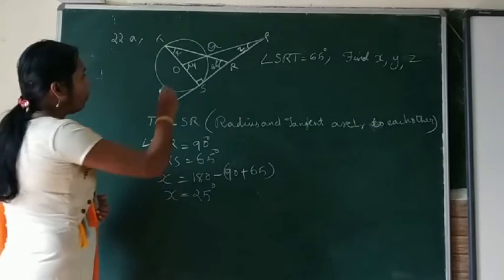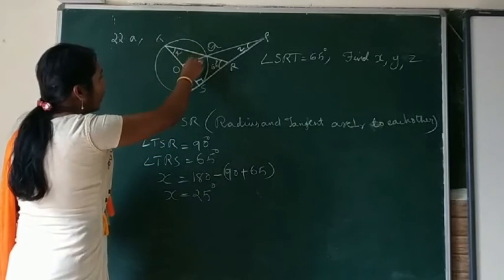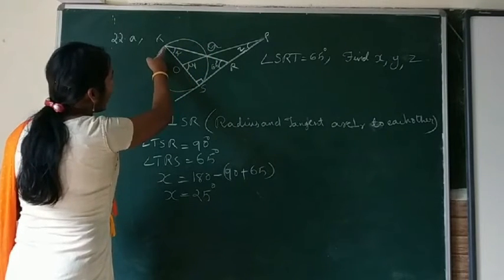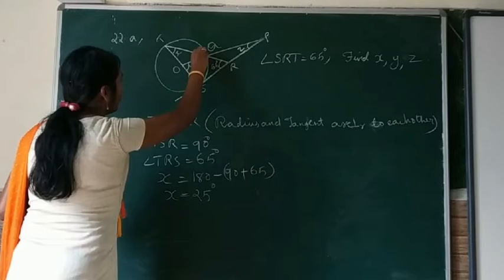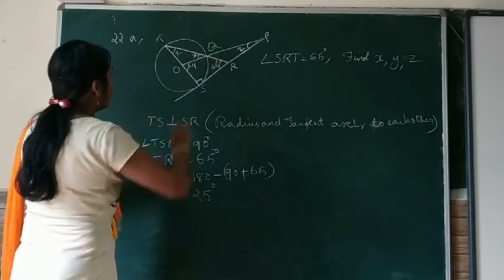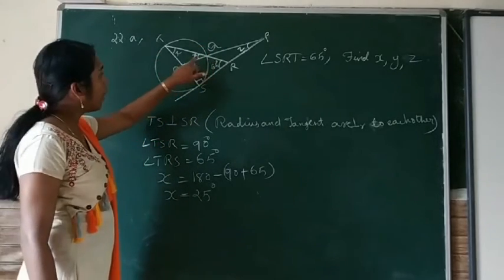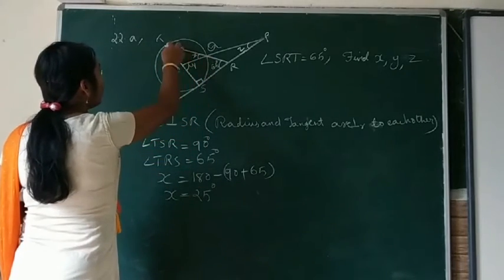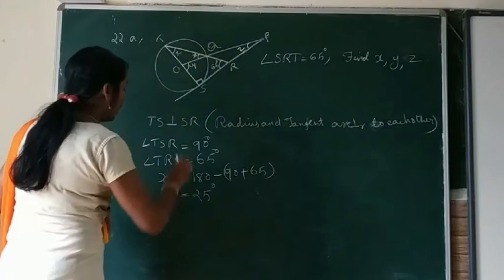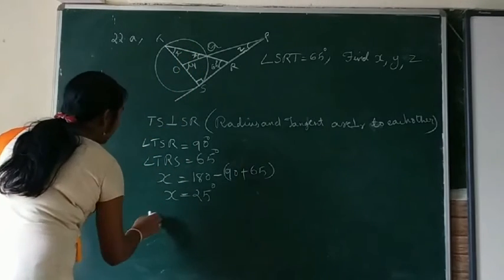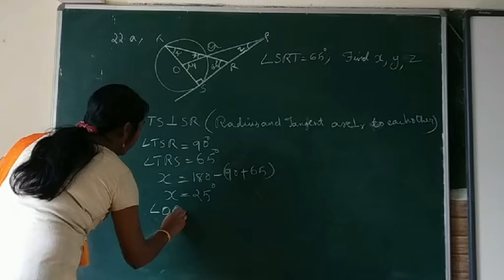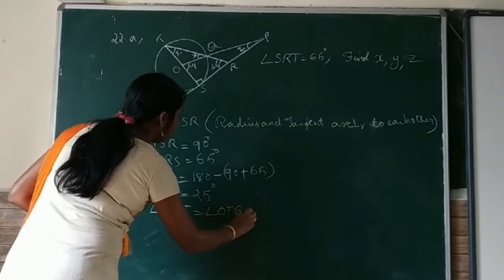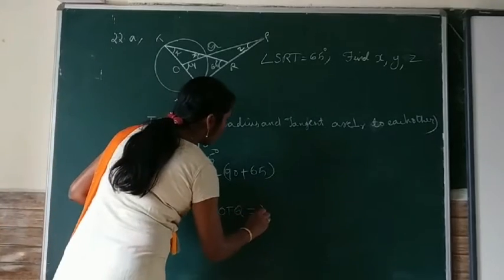Now to find the value of Y, we have to apply the exterior angle property here because we know that triangle TOQ is isosceles. This is also X. TO is equal to OQ. Therefore, these two angles are equal. That means angle OQT is also 25 degrees. Angle OQT is equal to angle OTQ is equal to 25 degrees.